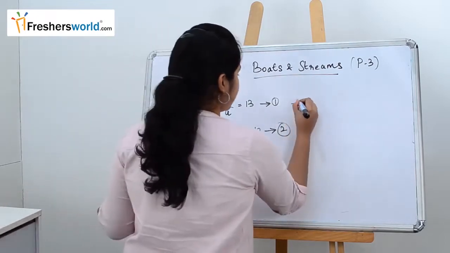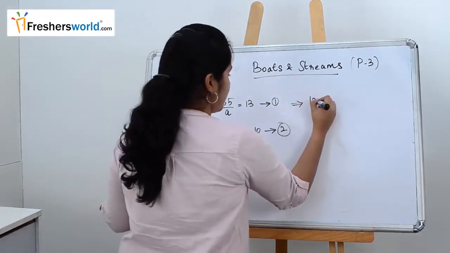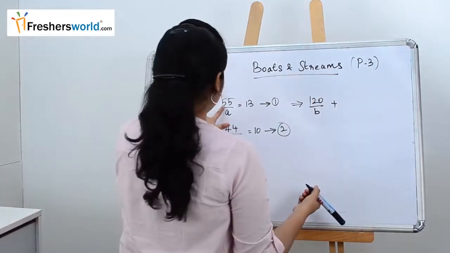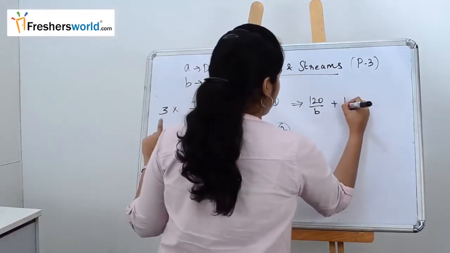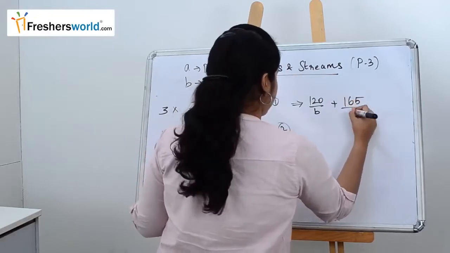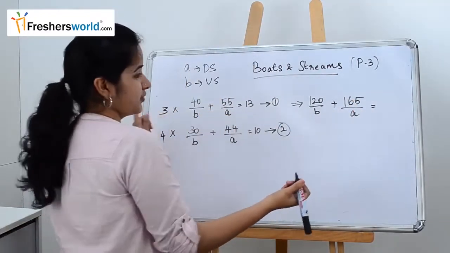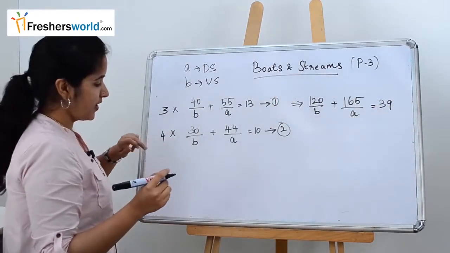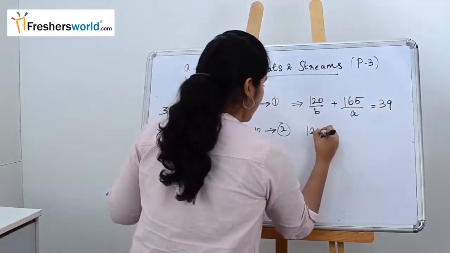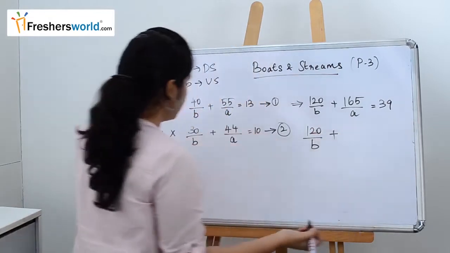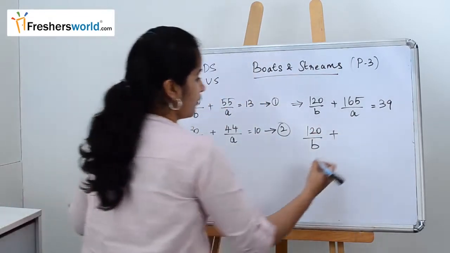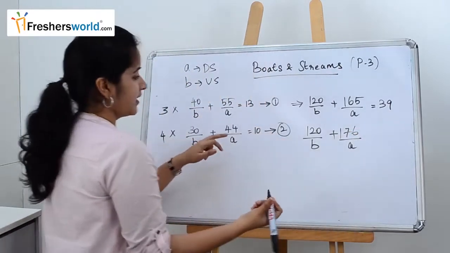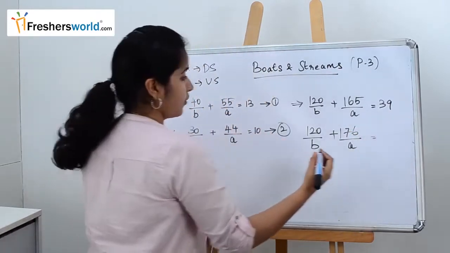So it can be rewritten as 120 by b, which is 40 into 3, plus 55 into 3, that is 165 by a, equal to 13 into 3, which is 39. So equation 1 becomes like this. Similarly, equation 2: 4 into 30 is 120 by b, plus 44 into 4, four fours are 16, 176 by a, equal to 10 into 4, which is 40.